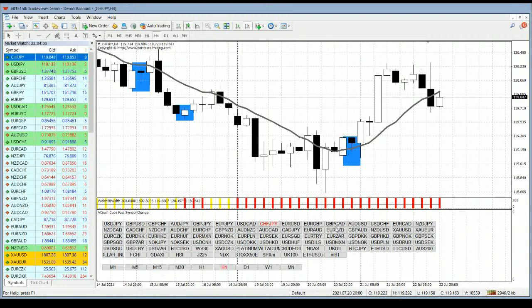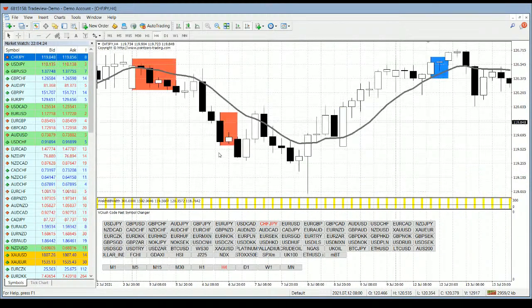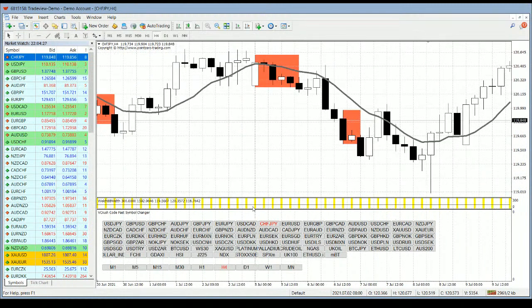Because our strategy is an inside bar breakout strategy, we want to be breaking out into a strong trend. That is why we are looking for the Bollinger bandwidth to be red. We want the red color all the time. So anytime you see red color, game on. When you see the yellow color, no game, no trade.